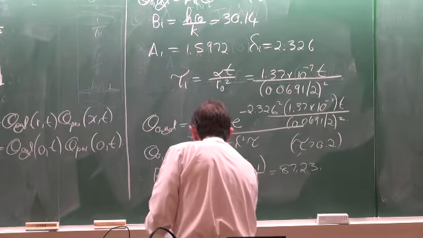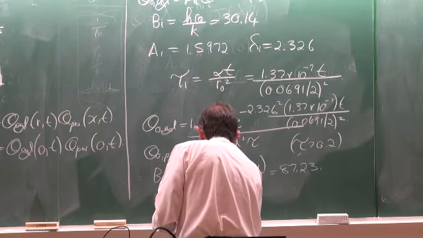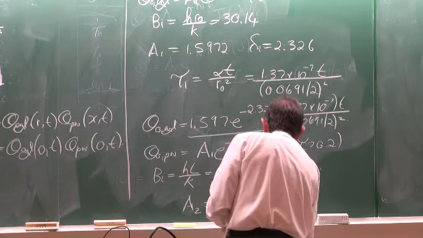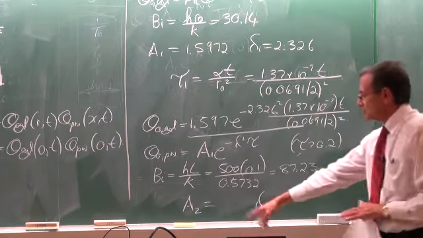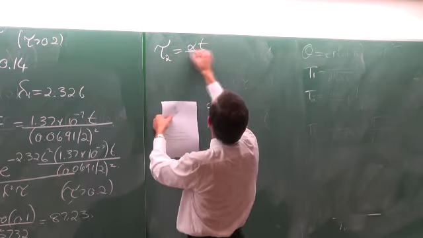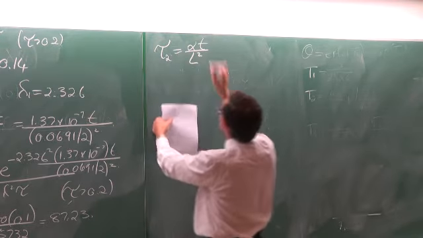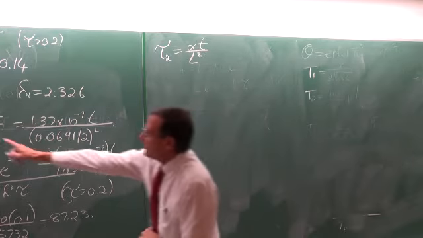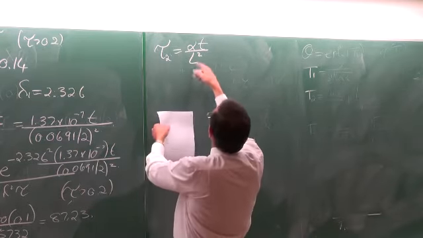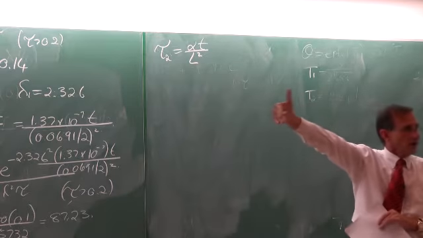And again, from the tables, we can go and get the values for A and lambda. I'm just calling them A2 and lambda 2, so that they are not the same as the ones for the cylinder. The non-dimensionalized time, in this case, would be equal to alpha t divided by L squared. So it is different than the previous one. L is now 0.1.